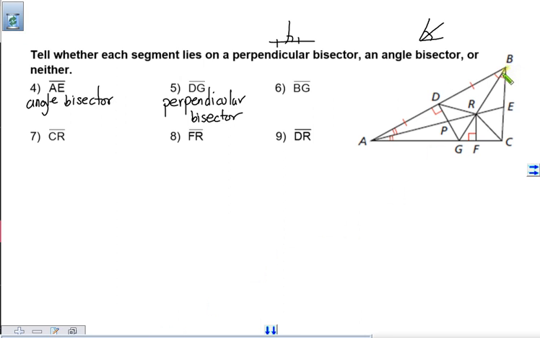Then we're looking at segment BG. We have no right angle, so it's not a perpendicular bisector. So we need to look at the corner. We do have arc marks, so this is an angle bisector.